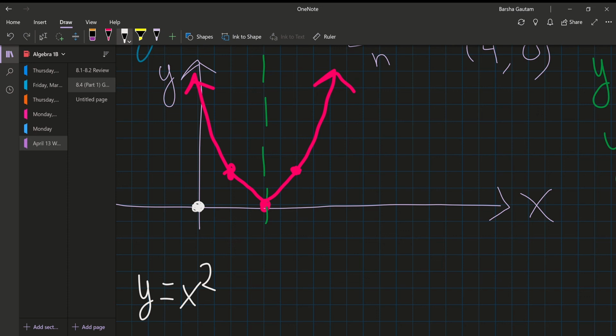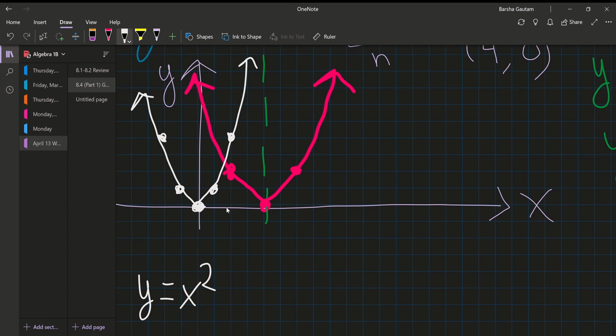So let's plug in 1. 1 to the power of 2 is 1, so that would be right over here. If we plug in 2, it would be 2 squared, which is equal to 4. So we'd go 2 to the right and up 4. 1, 2, 3, 4. And remember, this is our axis of symmetry for the next line, so we can just reflect this. Since it's 2 to the right, we can go 2 to the left, right over here. So this line would look like this.